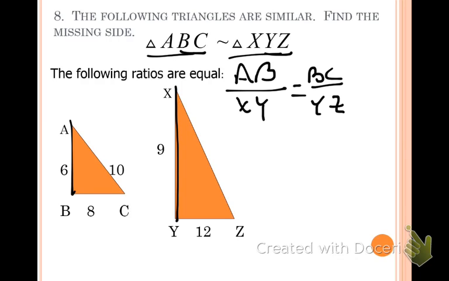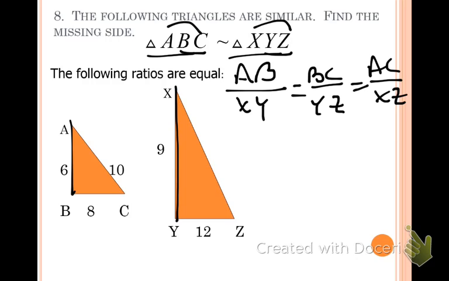Everything matches up in the statement. That ratio should be the same as if I compare AC to XZ. If that's the case, then you plug in the lengths that you know, grab two of those ratios and figure out which one's going to help you solve for what you're missing.